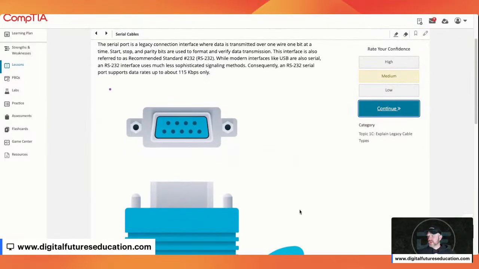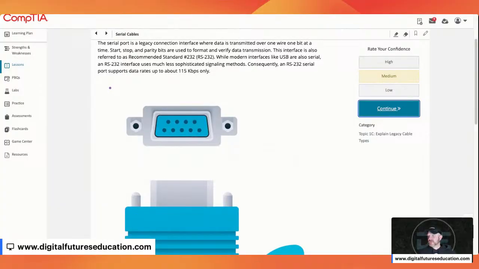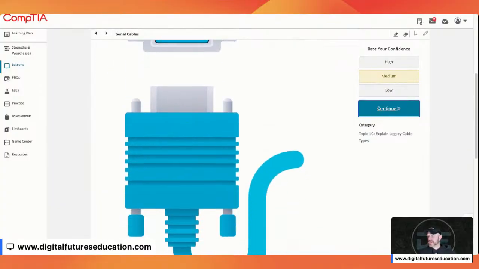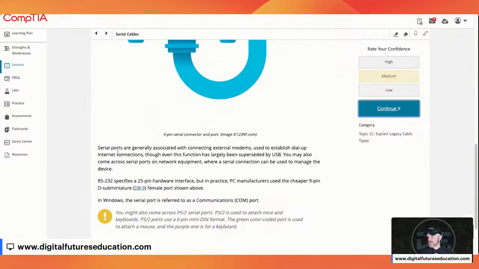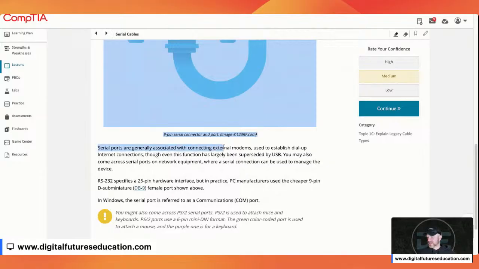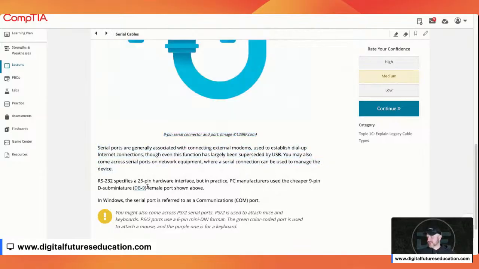So this is a legacy connection where data is sent 1 bit at a time, a much older connection, usually associated with connecting external modems. The DB9 here refers to a legacy connector form factor used for serial 9-pin and VGA 15-pin interfaces.